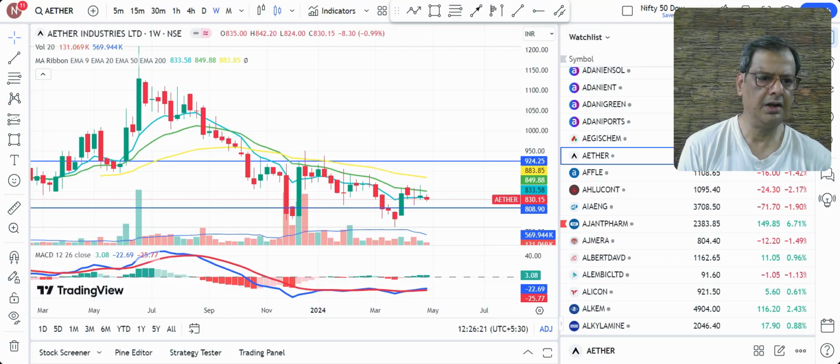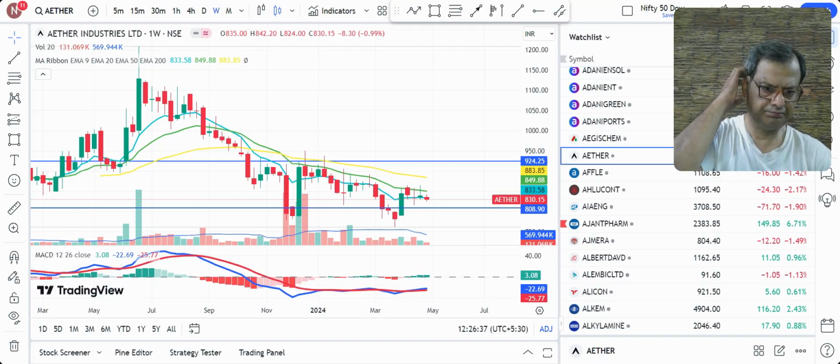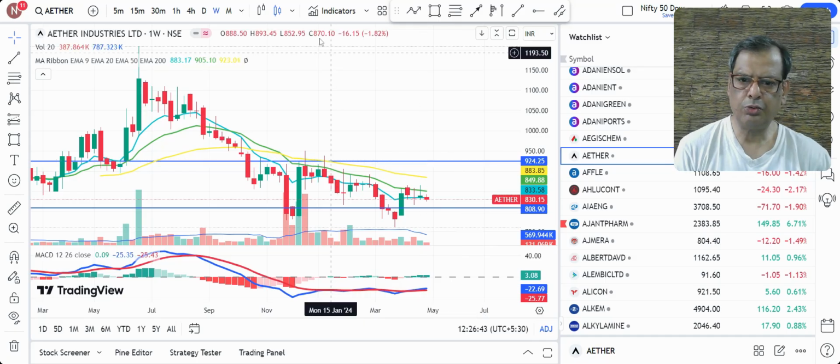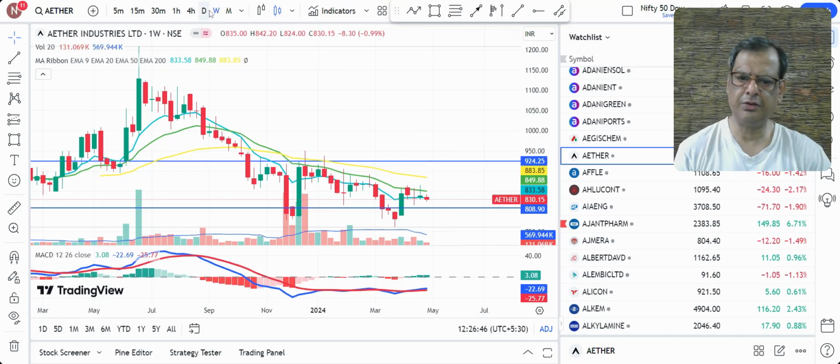Yes, so 29th April weekly will constitute only April, but you will also have this candle coming in because it will go right up to the 3rd. So how do I explain this to you?